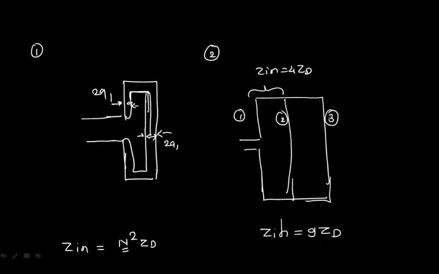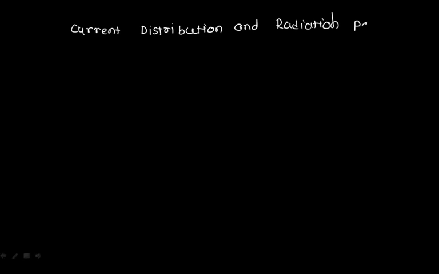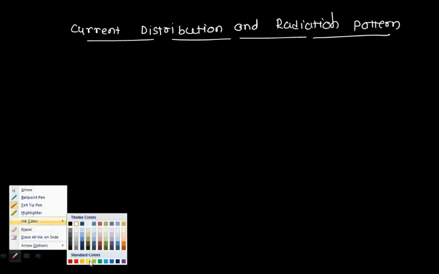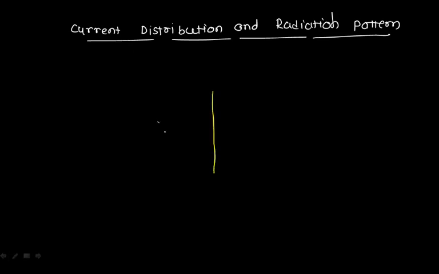Now, what kind of a current distribution you will get by this folded dipole antenna? So the current distribution and radiation pattern. So the current distribution on the folded dipole antenna, as you have got a normal dipole antenna, it will give you this kind of the radiation pattern. अगर आप normal dipole की बात करते हो, you will have this kind of the radiation pattern, a figure of 8.